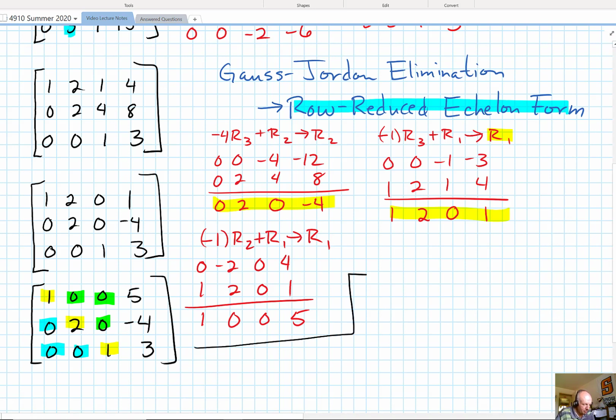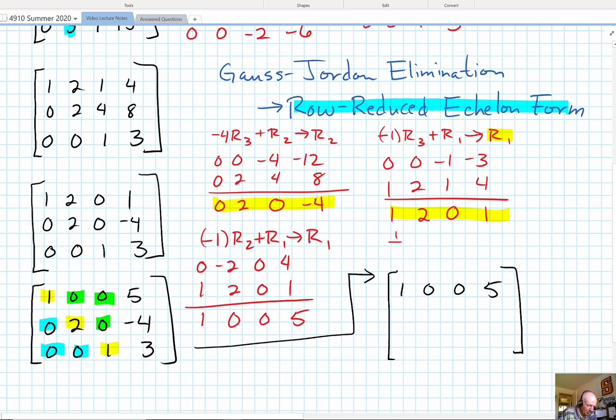So you can see that we're pretty close. We've got 1 there, 0, 0, 5. But our second row doesn't have a leading term of 1.